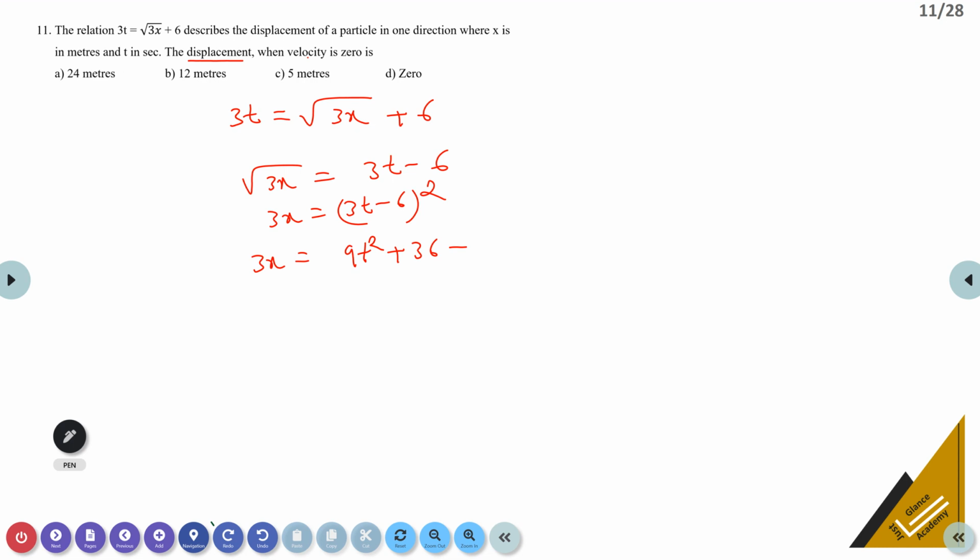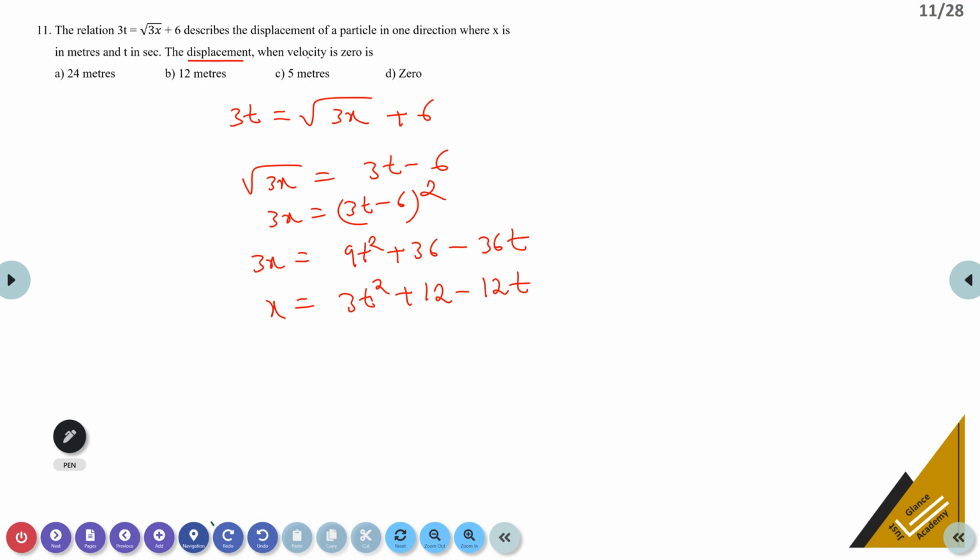Okay. x equals, 3 is common, so x equals 3t square plus 12 minus 12t. It is a square plus b square minus 2ab and all that.